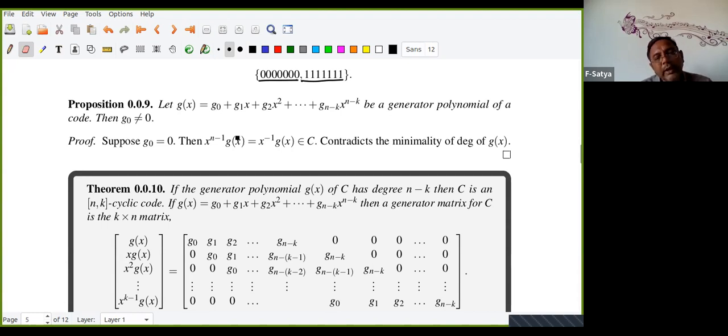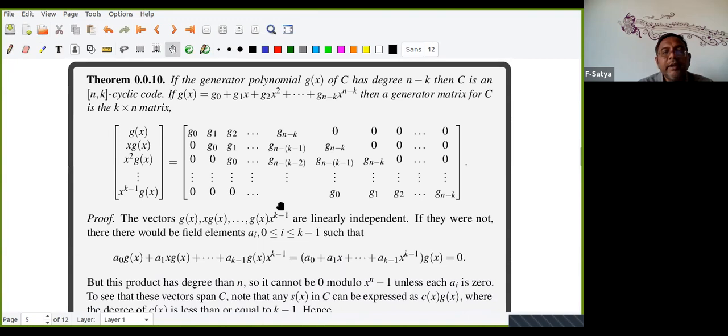That means now that is also a polynomial. So x power n minus 1 is nothing but x inverse, and that also belongs to C. That is a problem because the generator polynomial is the polynomial of the smallest degree, so that is a contradiction. So g naught is always not equal to 0. Small proposition, it will be useful as we move forward.